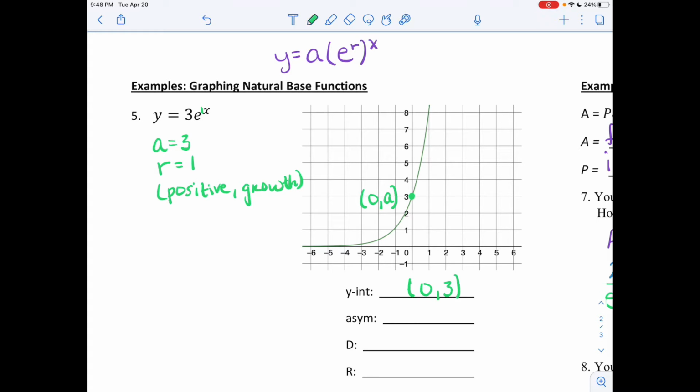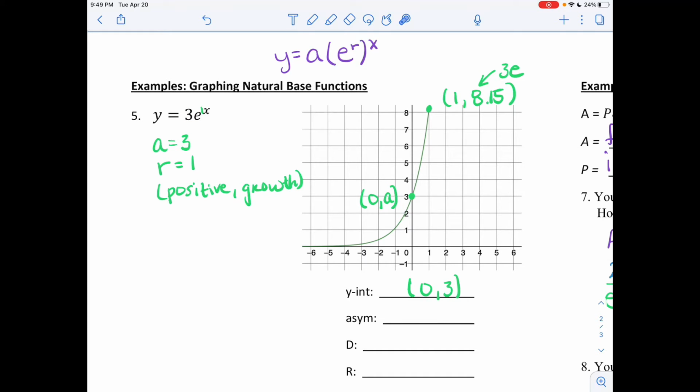And so at 1, I see that I'm intersecting right up here at the very top of the graph, and that point is actually going to be at (1, 8.15) about. And 8.15 is 3 times e raised to the first power. So remember, when x is 1, we just have a plain e multiplied by 3.